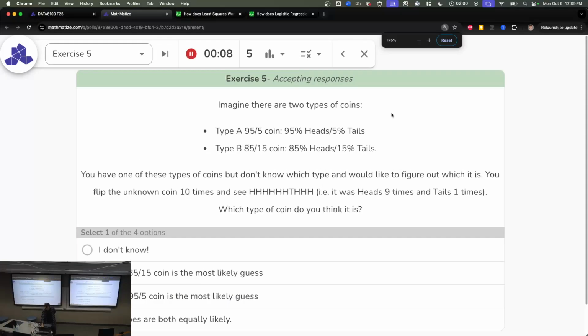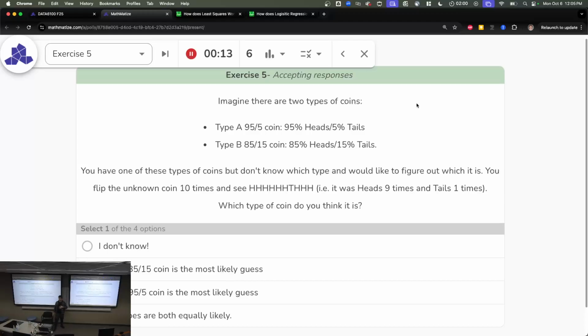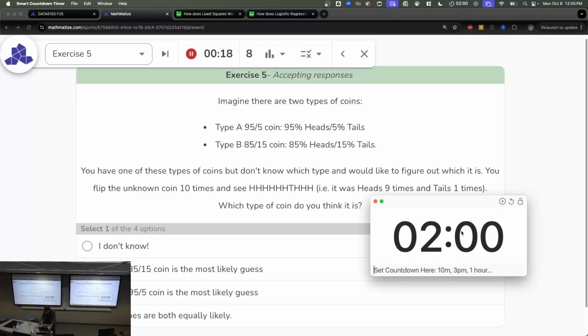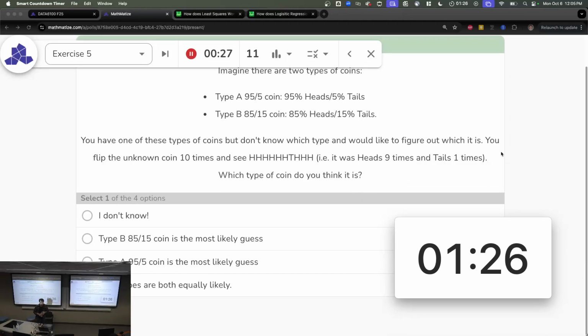And this time I gave you a hint: just calculate the probability for the type A coin, calculate the probability for the type B coin, and tell me which number is bigger. Okay, most people have an answer already. That's very good.